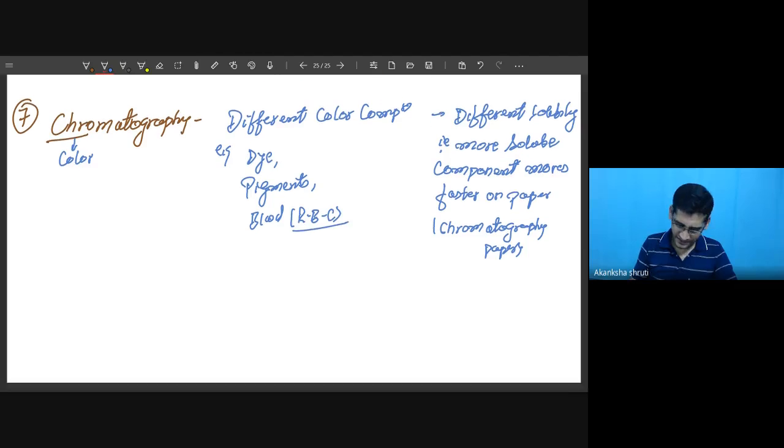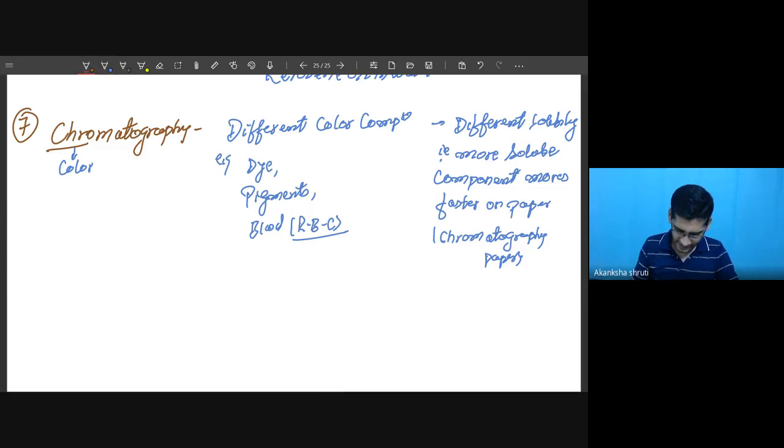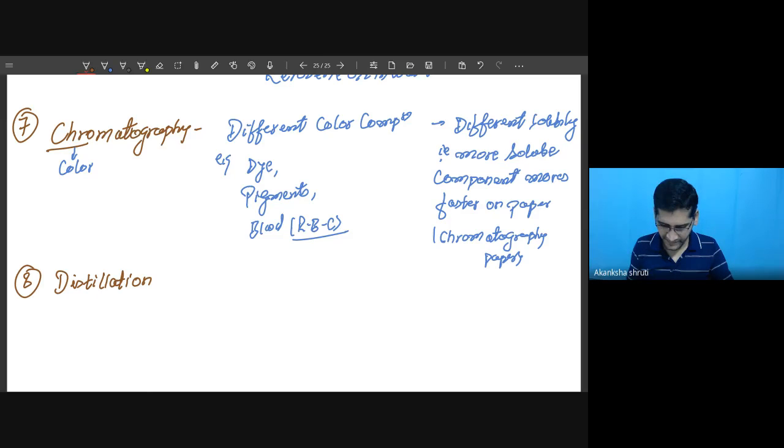The next technique that we have to keep in mind is the distillation and fractional distillation. So this distillation is used for two miscible liquids. This separating funnel we have used for immiscible, means those liquids which are not able to intermix.